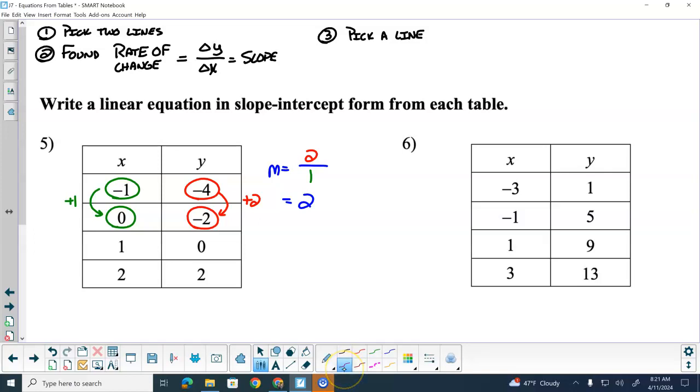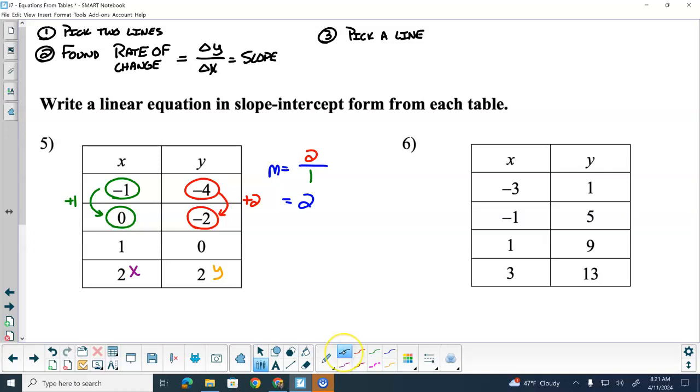So in line number 4, so that's this line down here, what's the x? 2. What's the y? The other 2, right? Okay. And what did we do with those? Do you remember? We put it in y equals mx plus b, right?